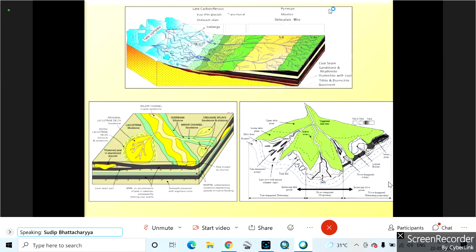So these are the things we are normally seeing in a coal bearing sedimentary basin, that some coals are extended along strike and dip, but some are not. They are splitting, again coalescing, again like this. So these things are coming.